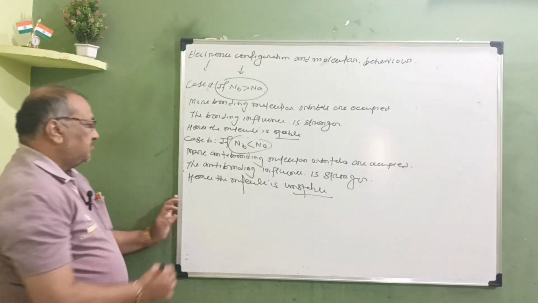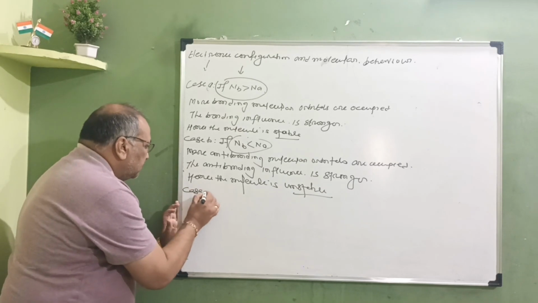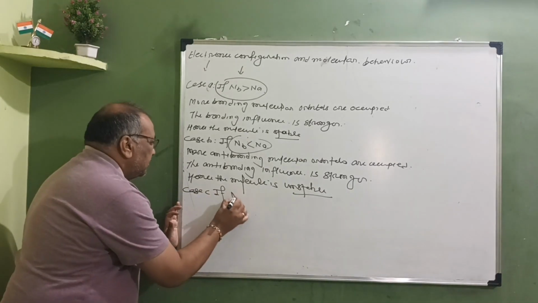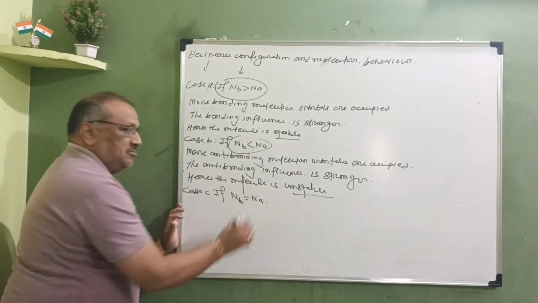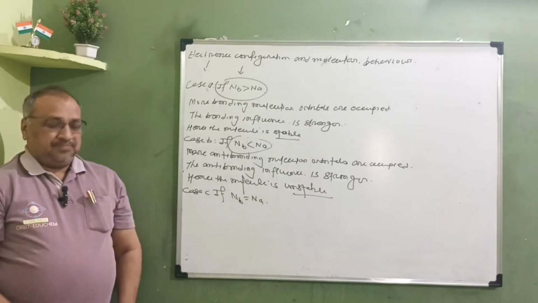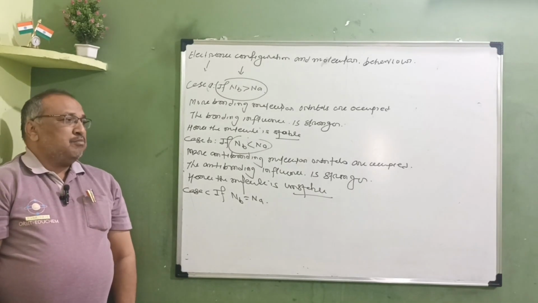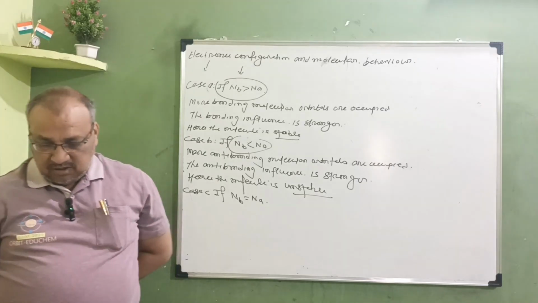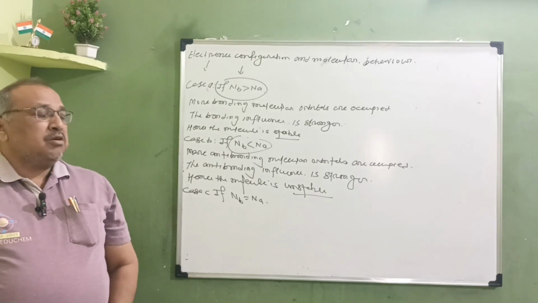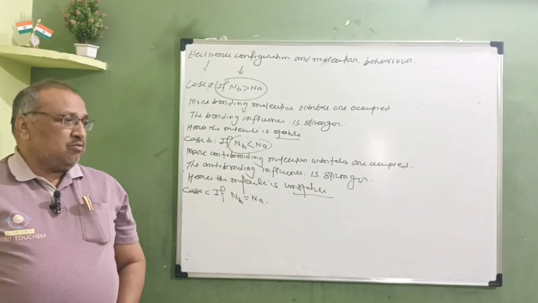Third, if Nb equal to Na, that means the number of electrons in bonding molecular orbitals is equal to the number of electrons in anti-bonding molecular orbitals.